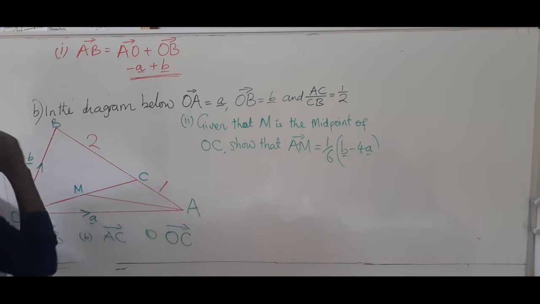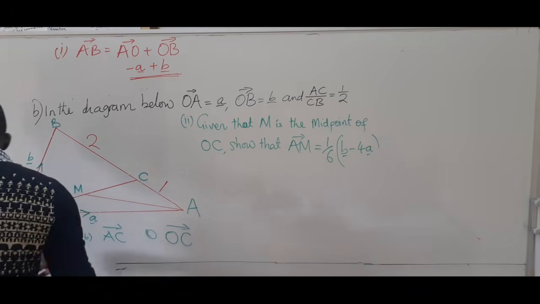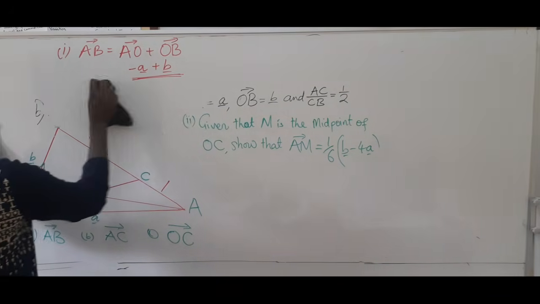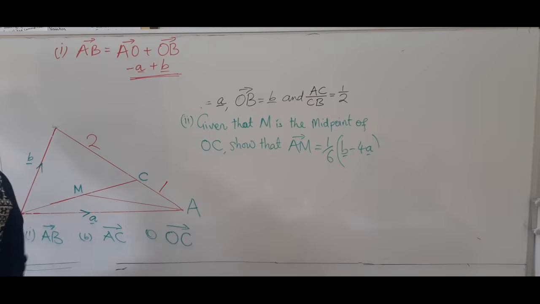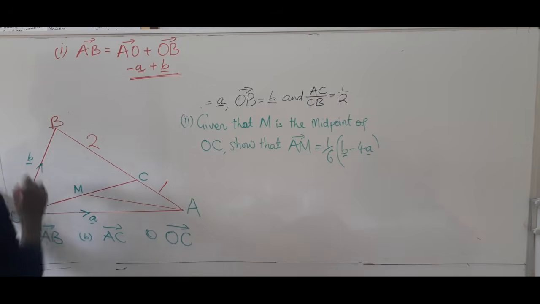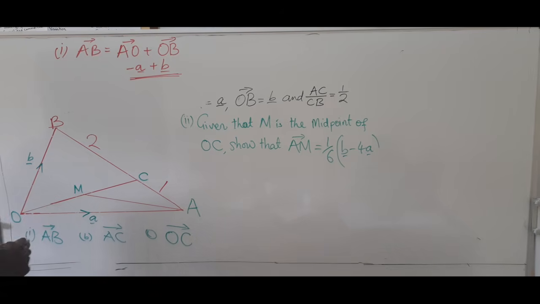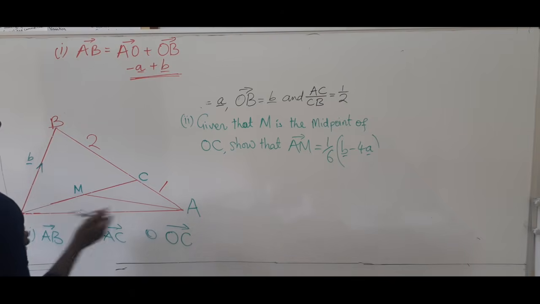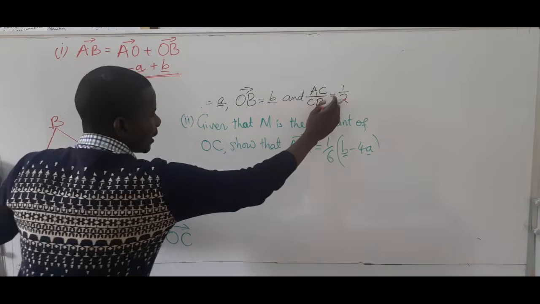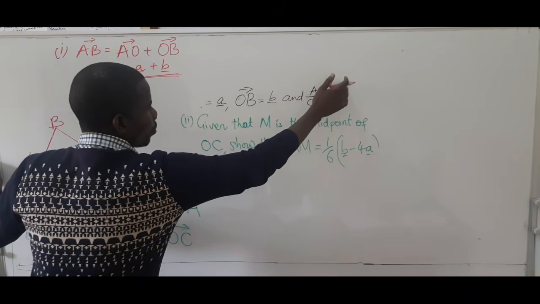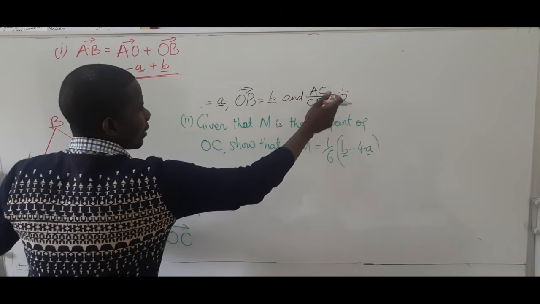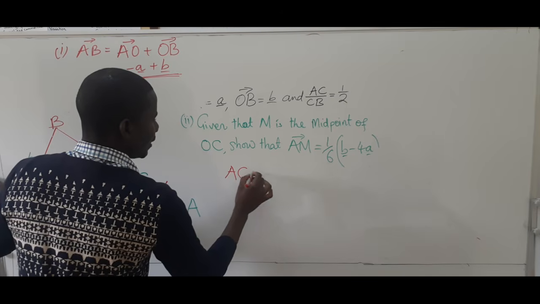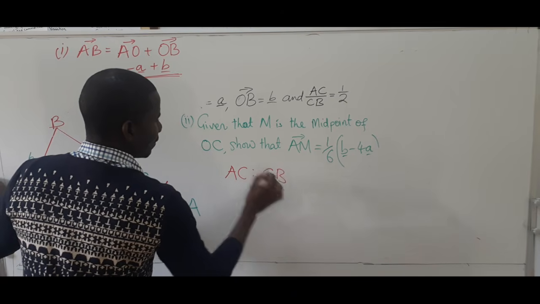AC. Okay. We move on to AC. Now, you need to note one thing here: we are given the ratio of AC to CB as 1 to 2.